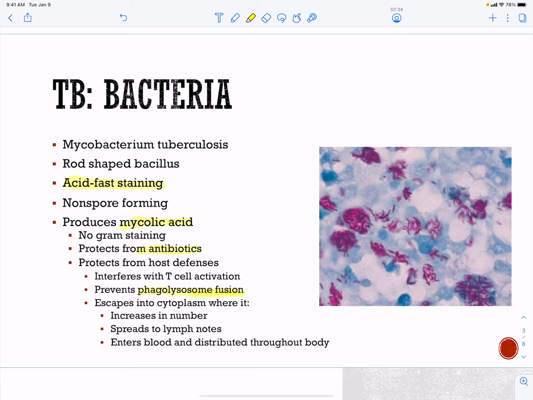So remember, our macrophages will eat bacteria. So your macrophages are very important in the pathology of your TB. Macrophages eat bacteria. And typically you'll have a lysosome.